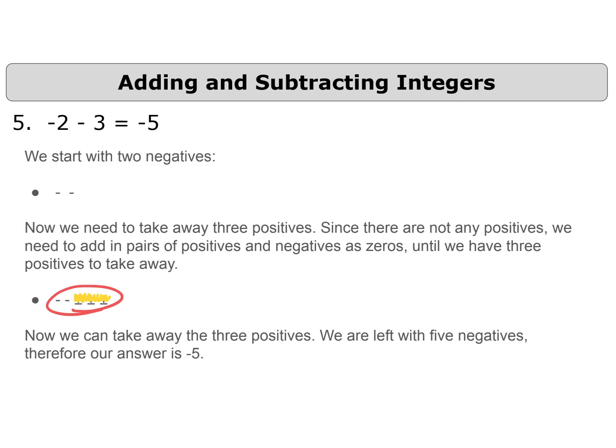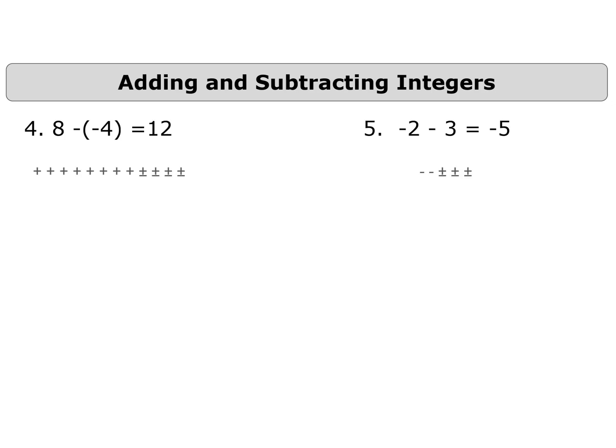Let's look at those last 2 problems a little bit more. For number 4, we had 8 minus a negative 4. We added our positives and negatives, and then we took away the 4 negatives. So the end result is that we added 4 positives. For number 5, when we took away the 3 positives, we essentially added 3 negatives.